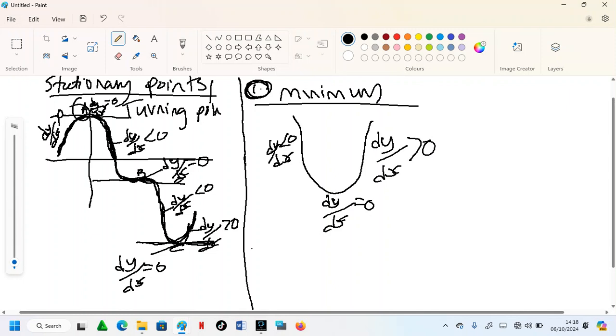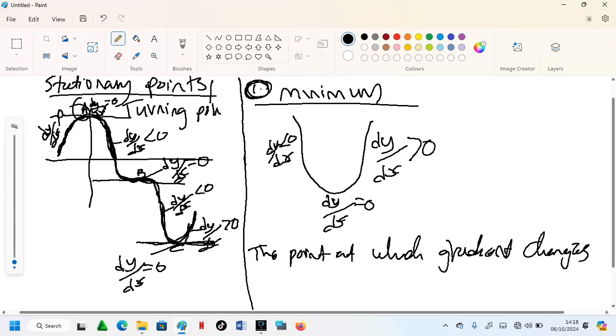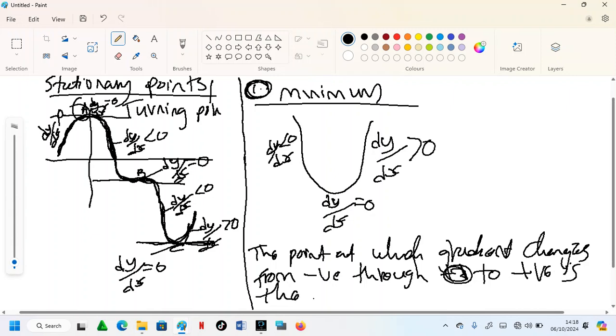So we're going to say the point at which the gradient changes from negative through 0 to positive is the minimum point, right?